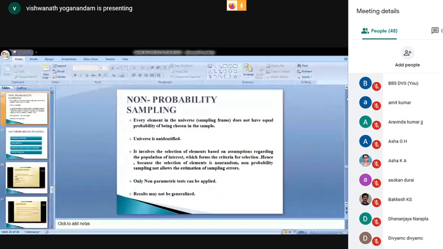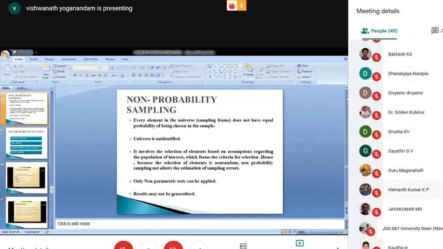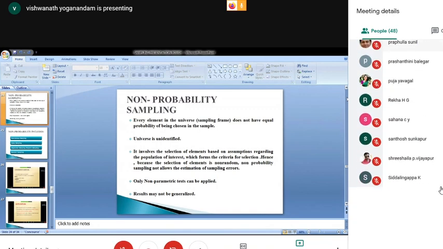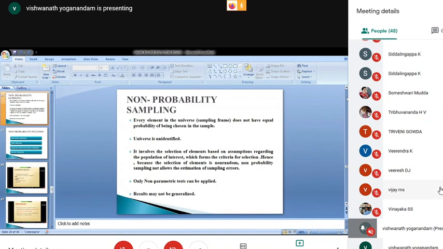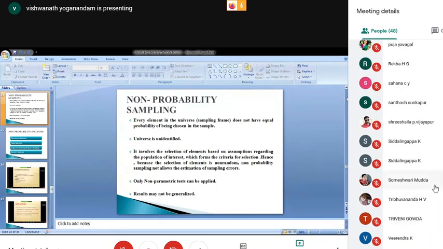Every element in the universe does not have an equal probability of being chosen in the sample, and the universe is unidentified. Sometimes you may not define the population clearly either. Then it involves the selection of elements based on assumptions regarding the population of interest, which forms the criteria for selection.